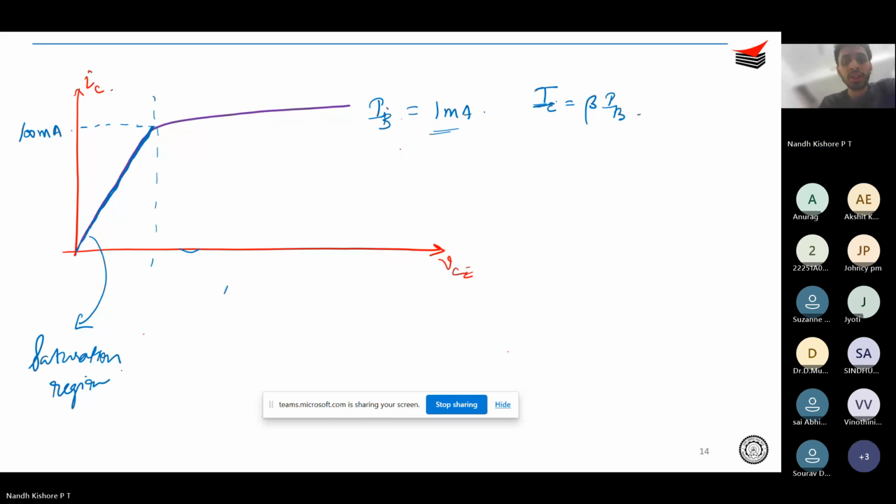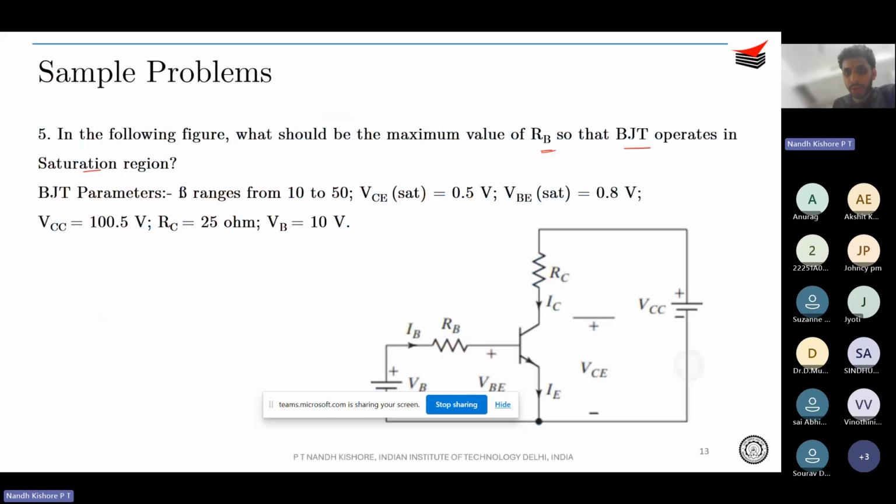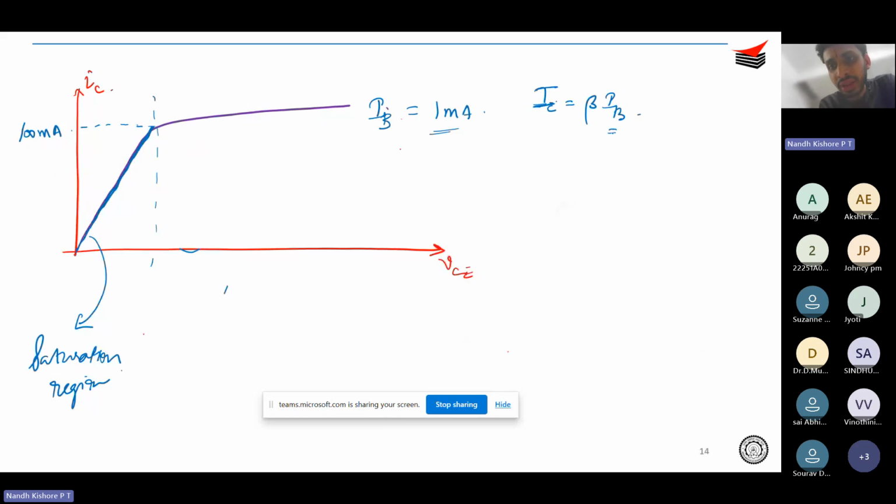So for a particular value of IB, in the saturation region, if IC is increasing, for a particular value of IB, at 1 milliampere only, it is here.